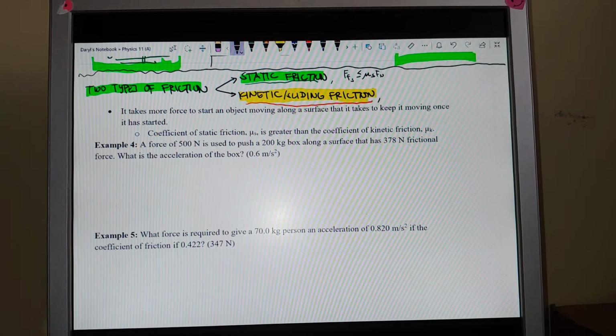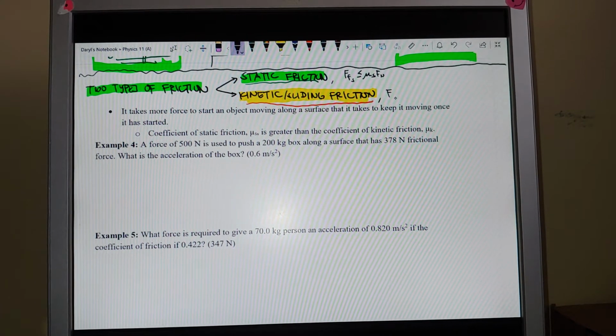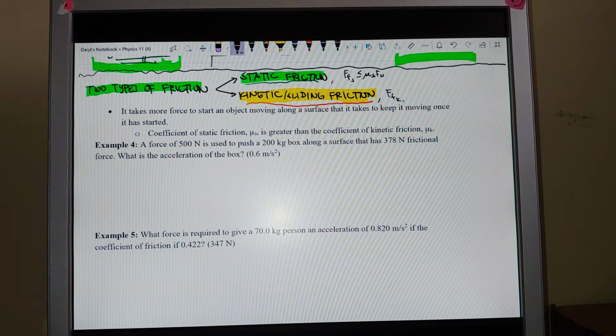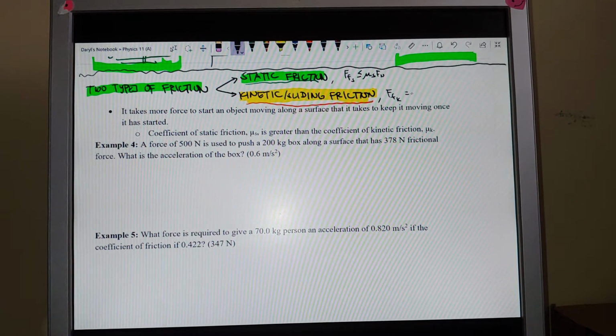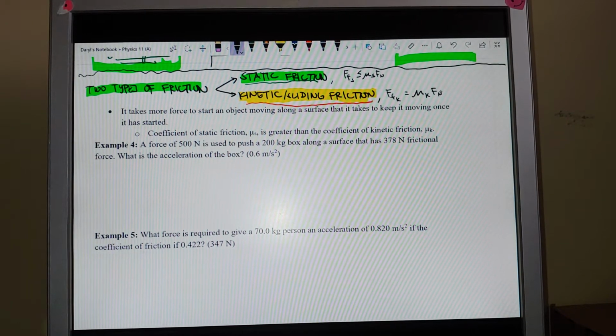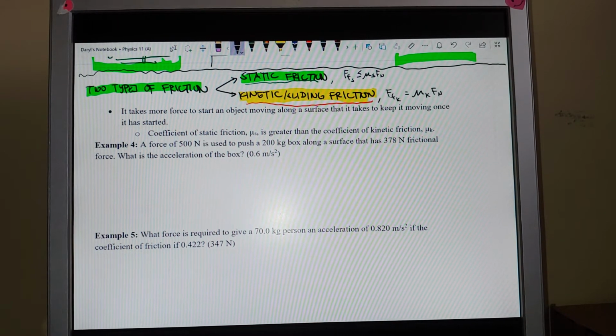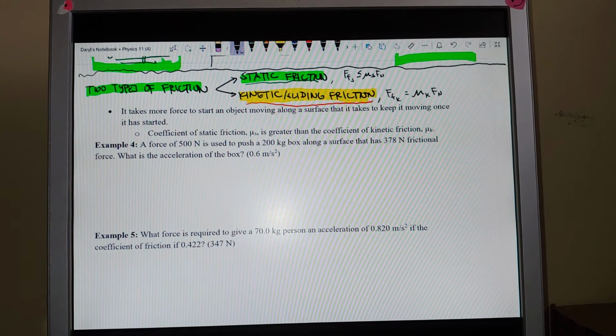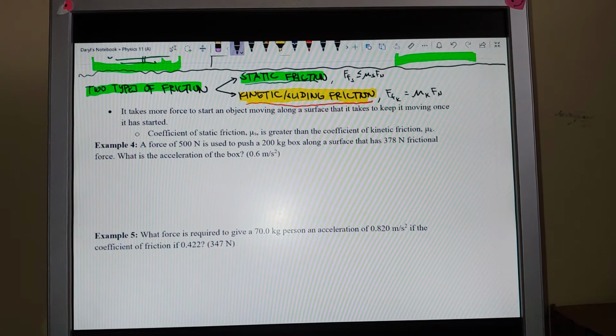Kinetic friction, on the other hand, is given by Fk equals mu k times Fn. Again, mu s and mu k are dependent on the type of surfaces in contact.